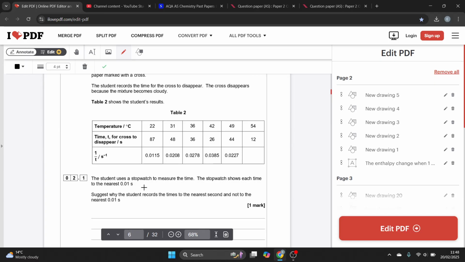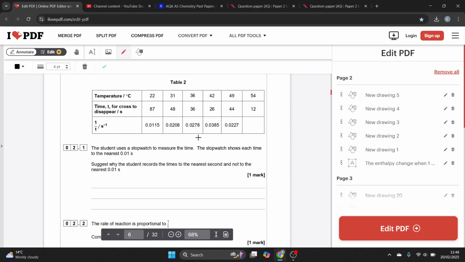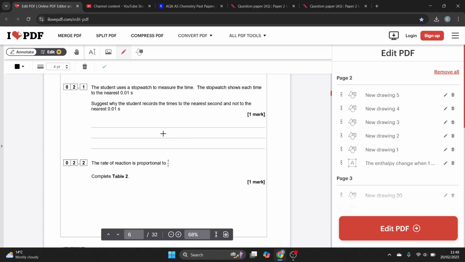Question 2: suggest why the student records the time to the nearest second, not to the nearest 0.01 second. Hard to judge to the nearest 0.01 second.